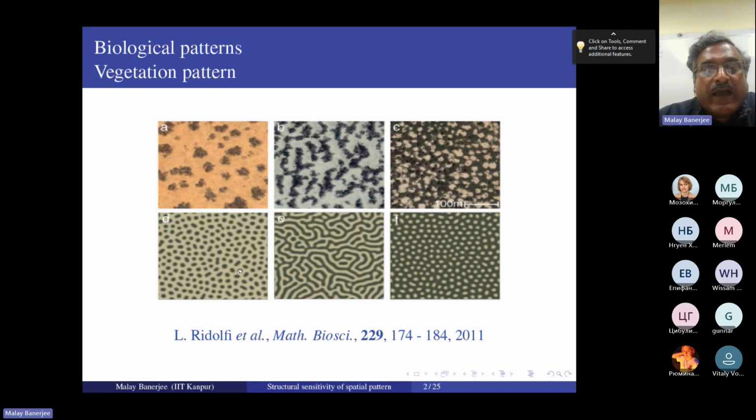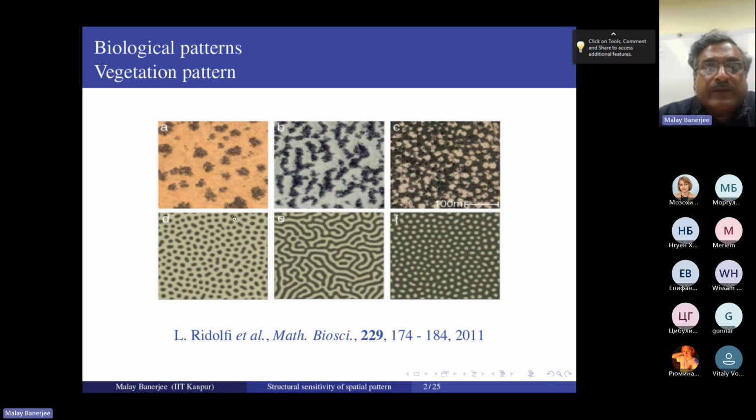In order to have this non-smooth boundary of the patches, they have introduced a particular type of noise term. And for their formulation, it would be very difficult to prove the positivity of the solution. But that is not the emphasis of today's talk.